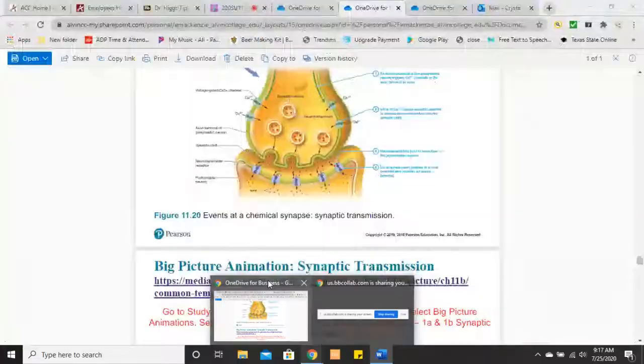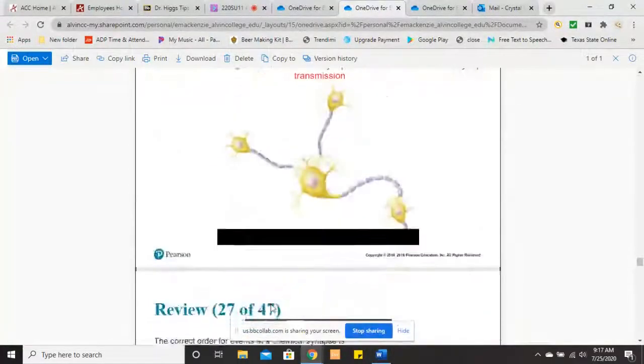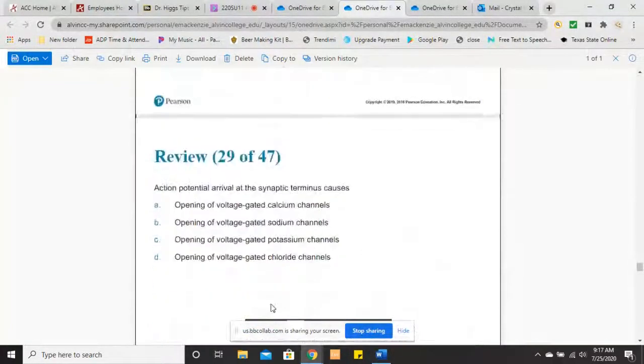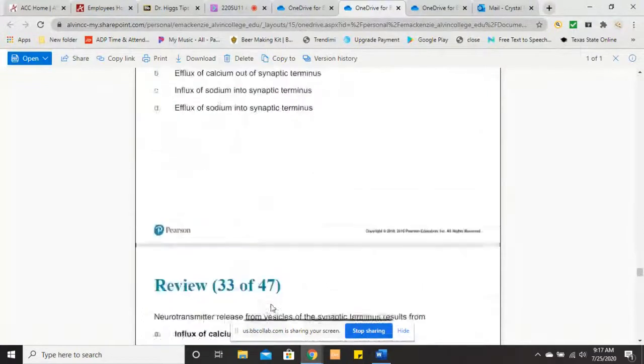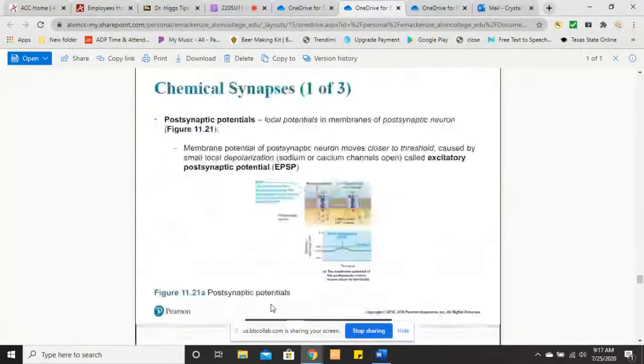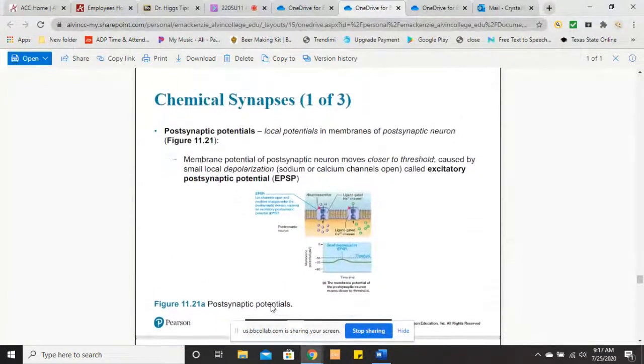Turns out the cell could generate either an excitatory postsynaptic potential or an inhibitory postsynaptic potential. These postsynaptic potentials are just slight changes in the plasma membrane's charge difference. They're what we call local potentials. Okay. The difference is, are you getting pulled towards or away from threshold?